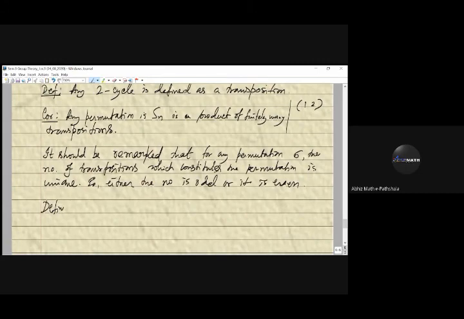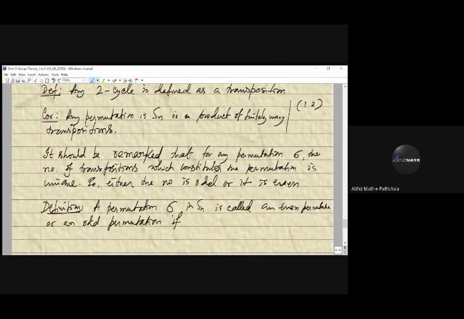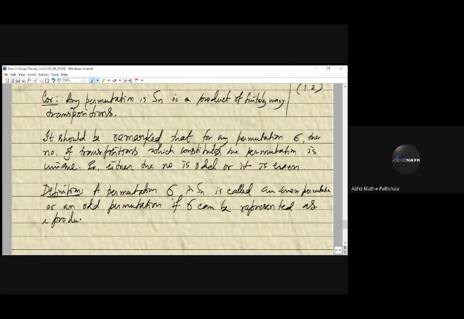So, definition. A permutation sigma in Sn is called an even permutation or an odd permutation if sigma can be represented as a product of an even number of transpositions or an odd number of transpositions respectively.